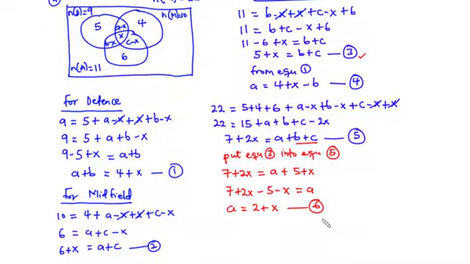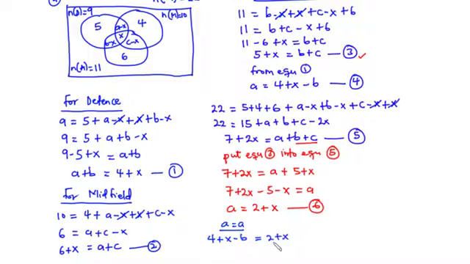Now from equation 6, we have a to be 2 plus x, and then for equation 4, we have a to be 4 plus x minus b. So let's equate the two equations. So a is equal to a. We have 4 plus x minus b equals 2 plus x.